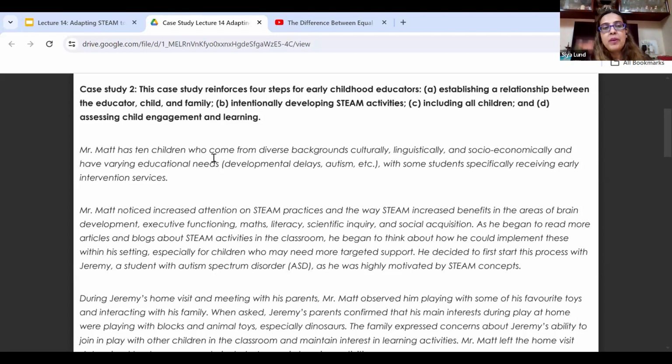While he was teaching these children, he noticed an increased attention on STEAM practices and the way STEAM increased benefits in the areas of brain development, executive functioning, maths, literacy, scientific inquiry, and social acquisition.